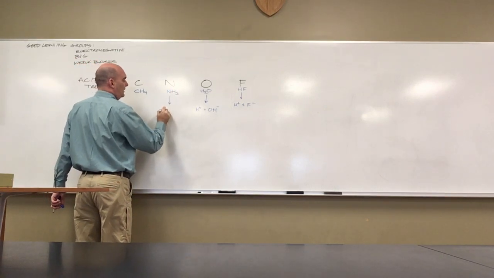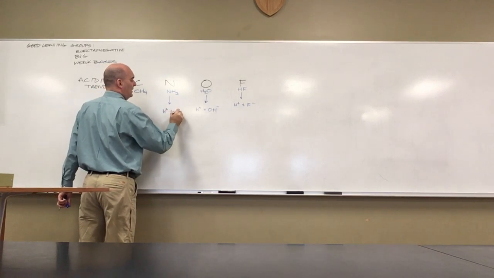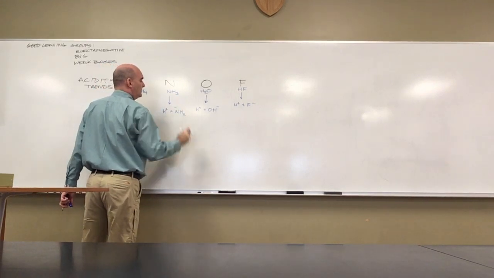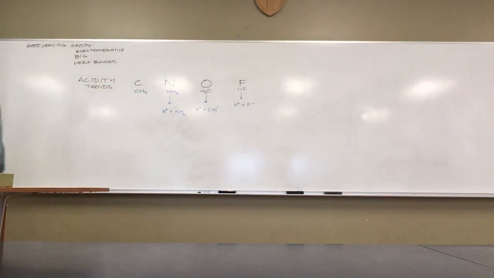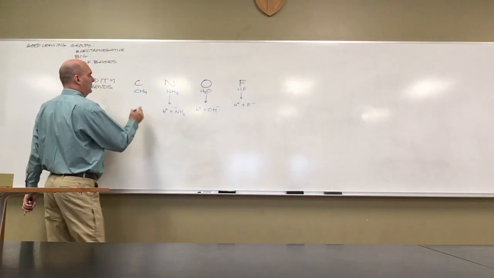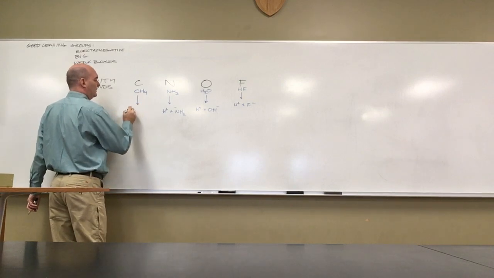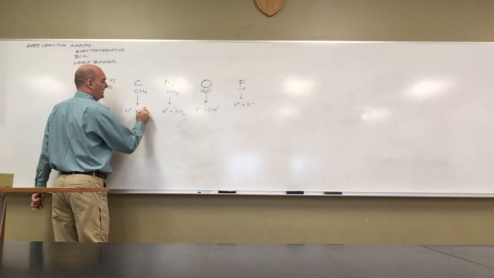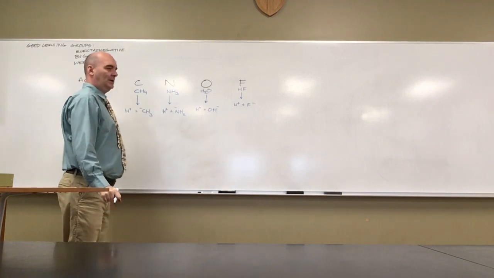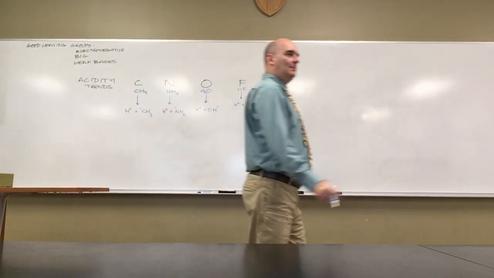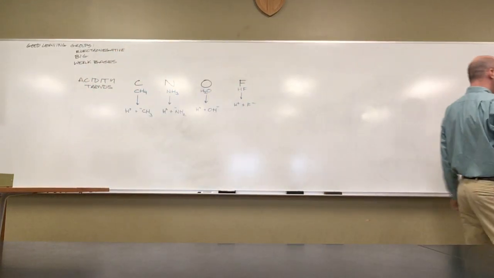Ammonia, if it were an acid, would split apart and make H plus and NH2 minus, called amide. And CH4, methane, if it were an acid, would split apart and make a methyl carbanion.